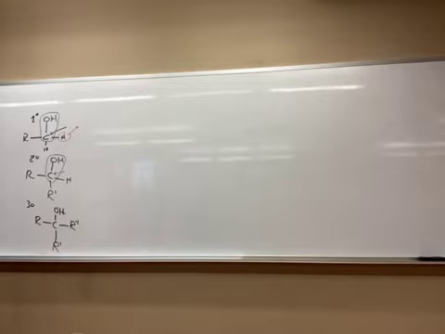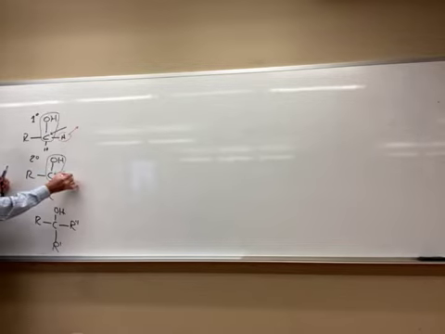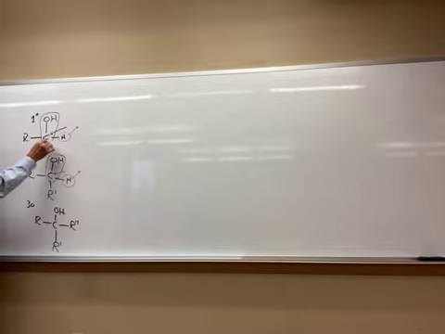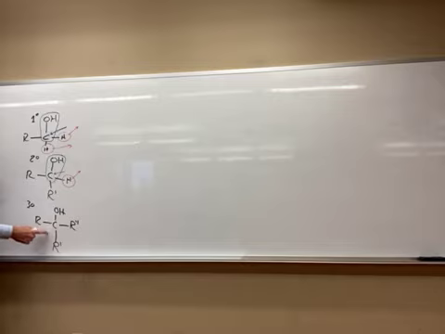Reduction is the opposite: less oxygen and or more hydrogen. So notice this: that can be removed, that can be removed. Nothing on here can be removed. So that's why this is an important distinction to make between a primary, secondary, and a tertiary alcohol.